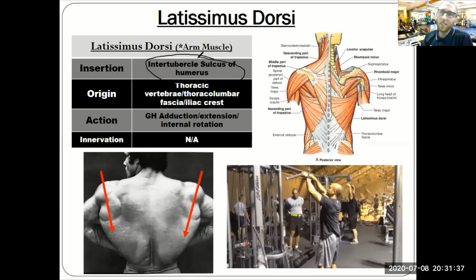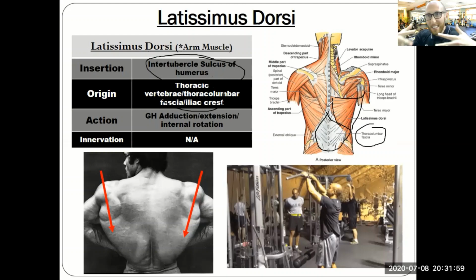Check out way back in the beginning of the PowerPoint for where that's at. Well, it also then goes over to the thoracic and thoracolumbar fascia. See all this thoracolumbar fascia? Now we know why it's so thick and it's so big. It's because we got one of the largest muscles of the body, the latissimus dorsi, originating into that thoracolumbar fascia, as well as some thoracic vertebrae.